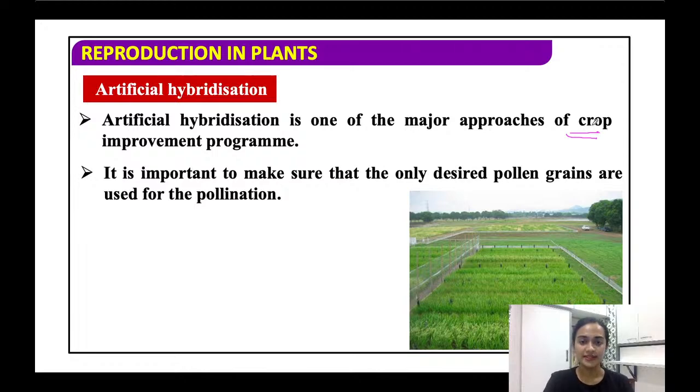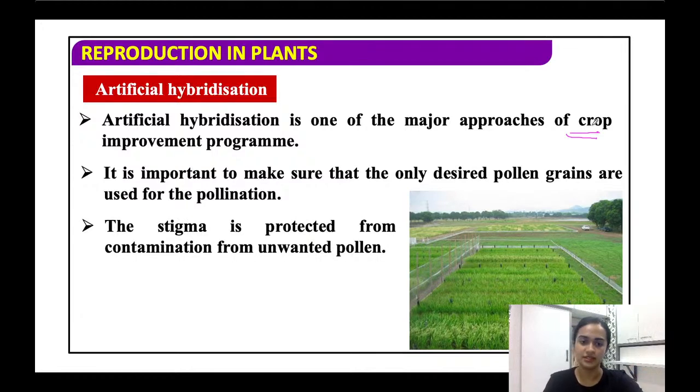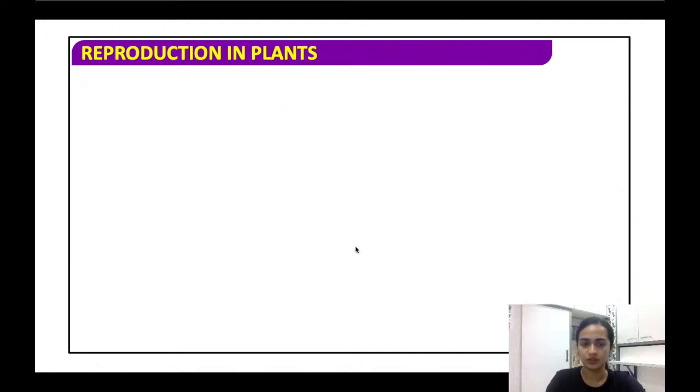This is why they have developed some artificial methods, like we force the better quality pollen to cause pollination, and we ourselves have invented some way to prevent the other or low quality ones. So the stigma is protected from the contamination of unwanted pollen.